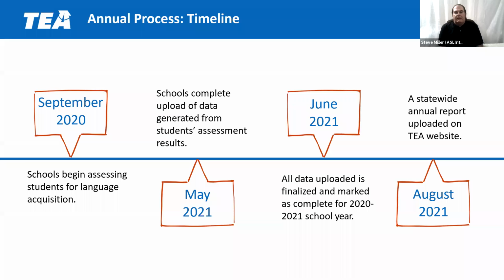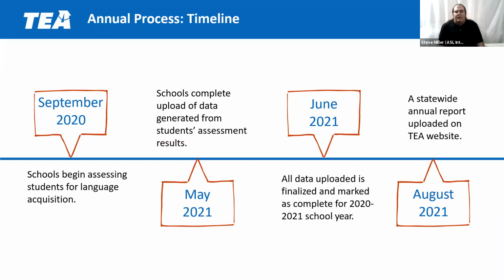All of that data will be uploaded and finalized by the end of June for TEA to gather all the information and create a report. And then that report will be uploaded to the Texas Sensory Impairment webpage.